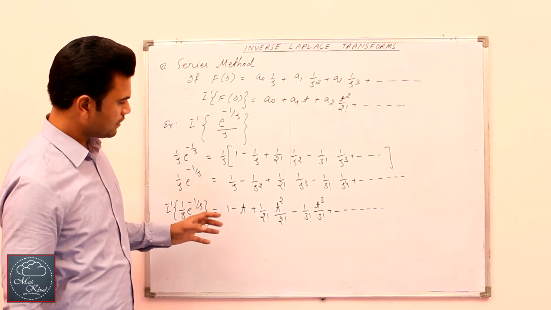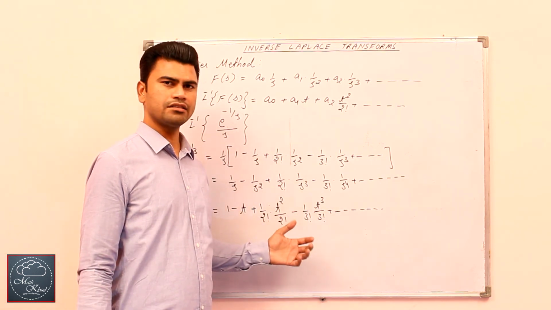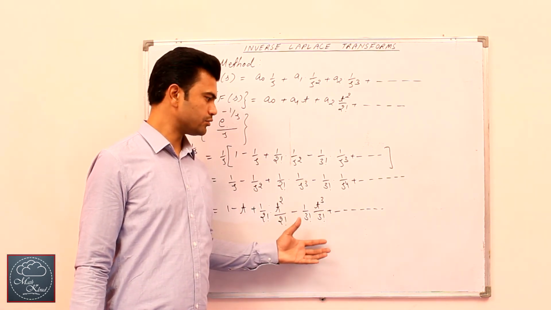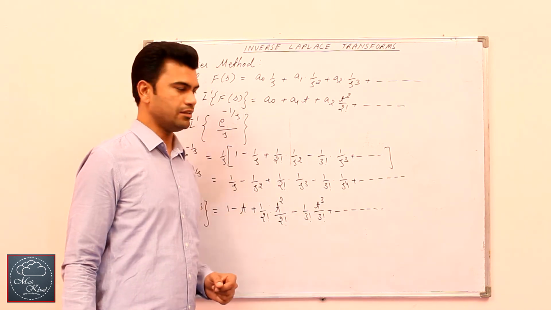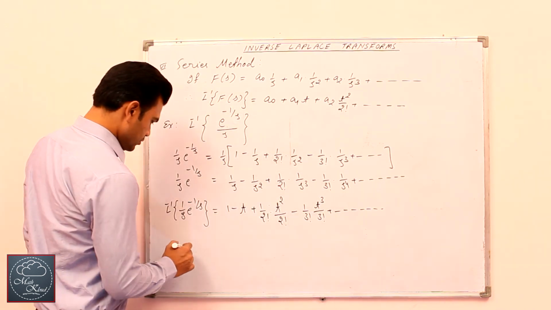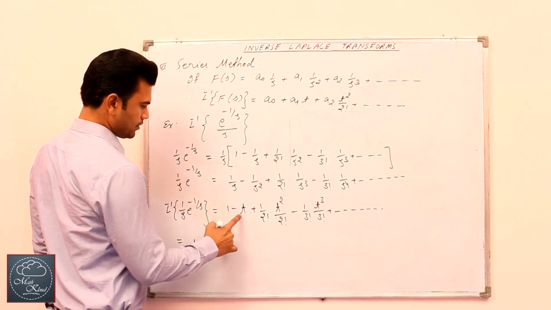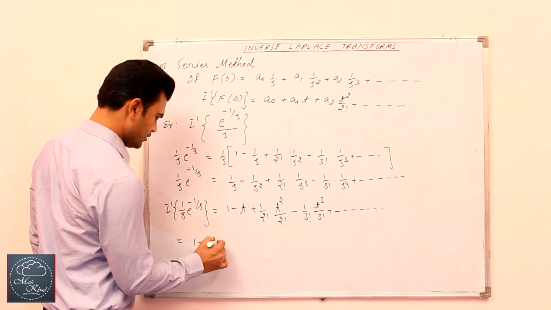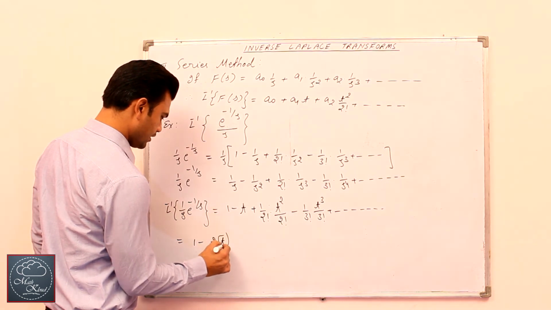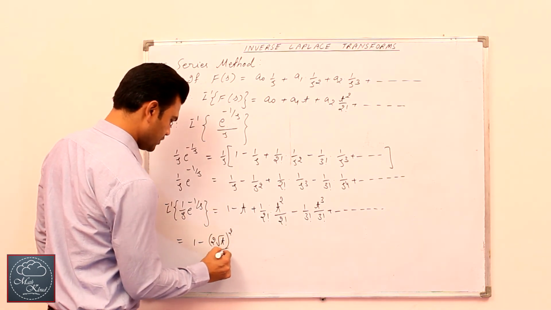Now let us recognize this series, or let us write it in another way so that it is recognizable. So this can be written as 1 minus, see here I am writing it as 2 root t power 2 over 2 square.